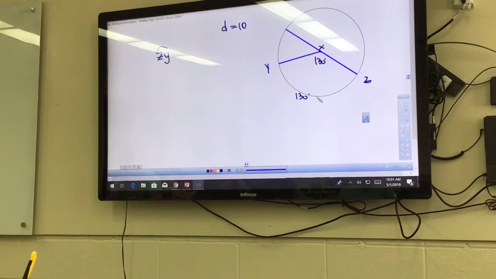So find the length of ZY. You are given the diameter.